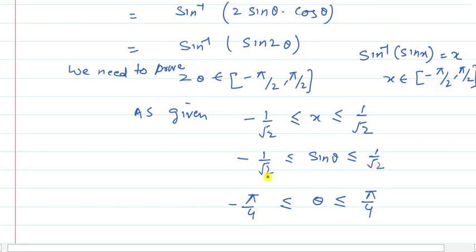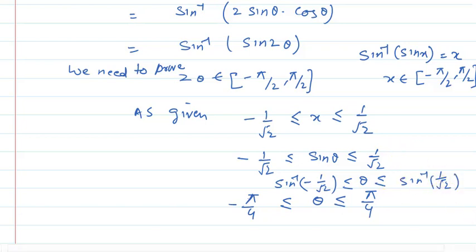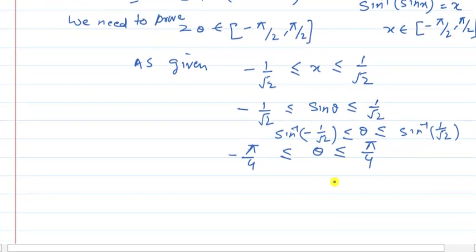You can say that sine inverse minus 1 upon root 2. We can add one more step over here, like you can write sine inverse minus 1 upon root 2 less than equal to theta less than equal to sine inverse 1 upon root 2, and this we have already studied in the case of principal value branch. But we need 2 theta and we are having theta here.